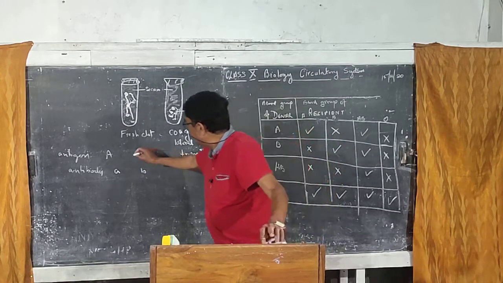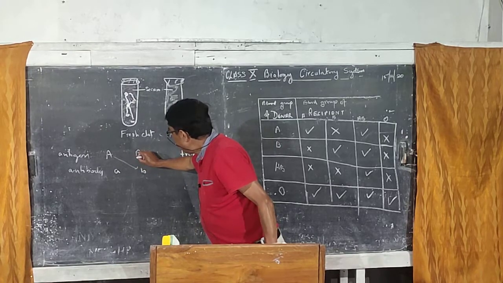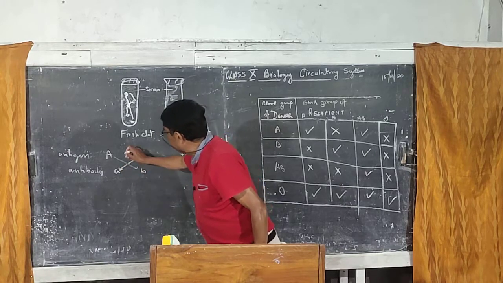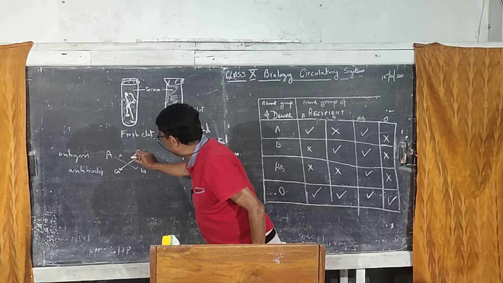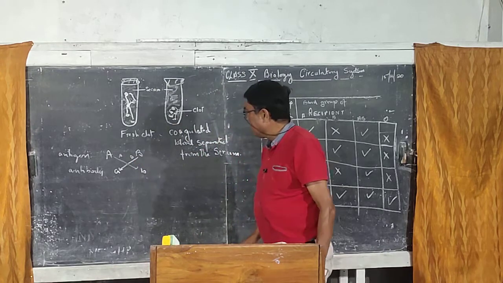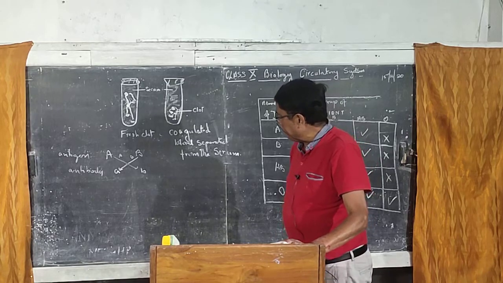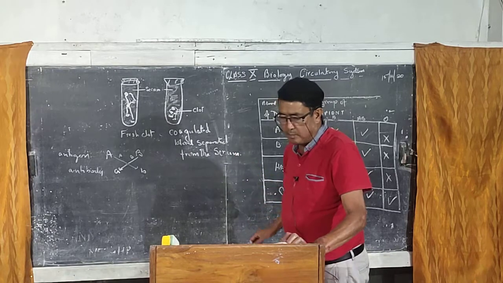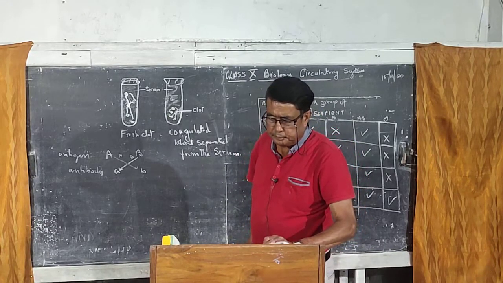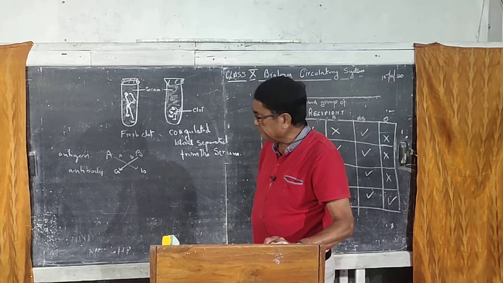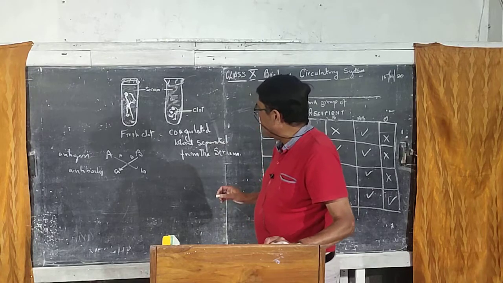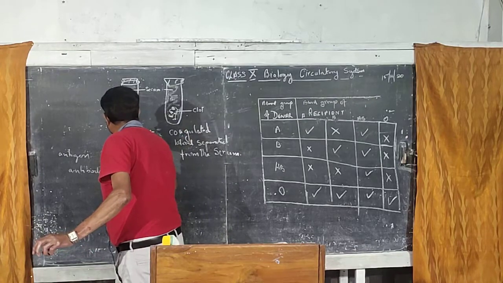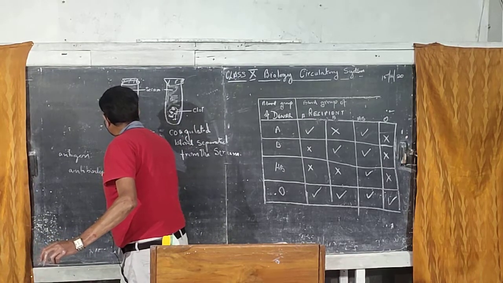Now, second, you go this way. Antigen capital B and antibody a, this group is B. Now, if the blood has both the antigens A and B and no antibody, that blood group is AB.